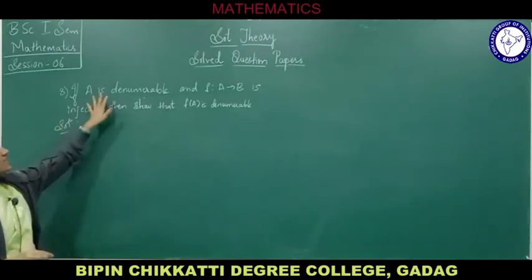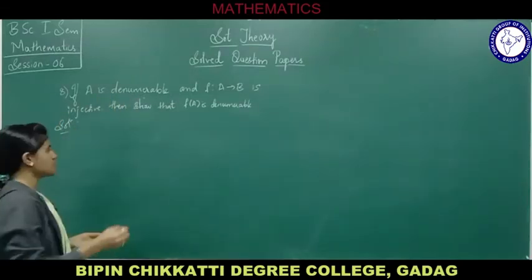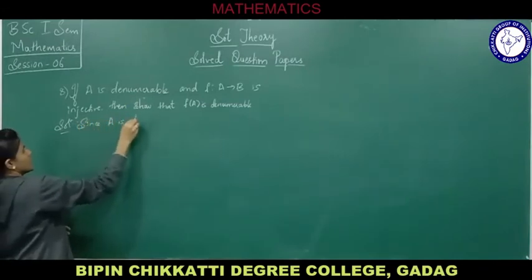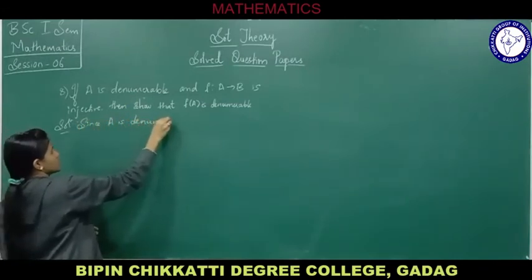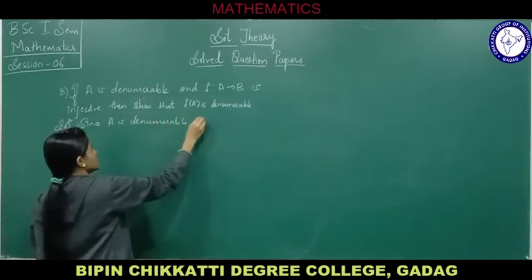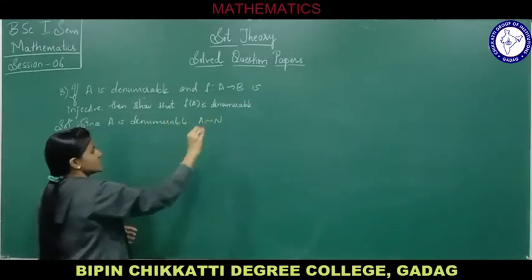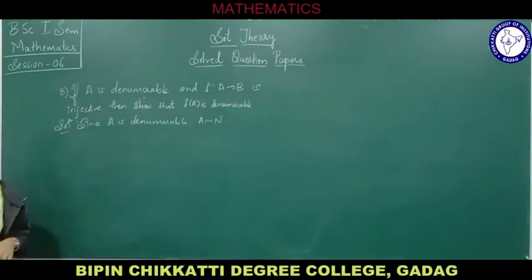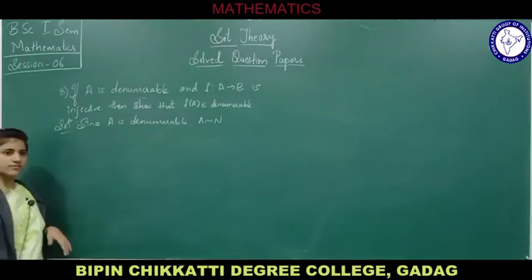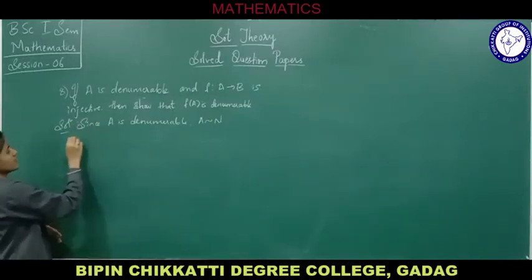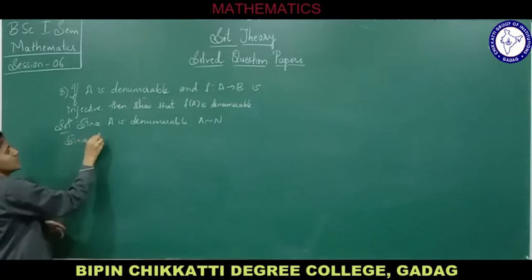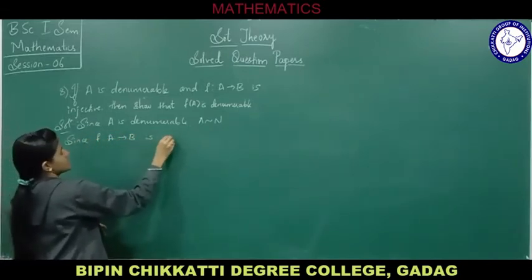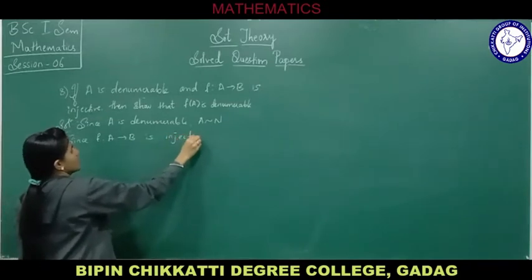They have given A is denumerable. Since A is denumerable, A is equivalent to N, where N is the set of natural numbers. And f is a function from A to B which is injective.